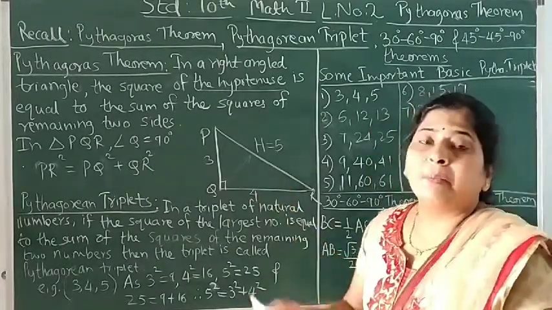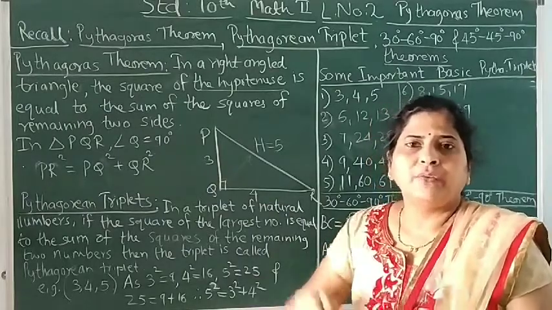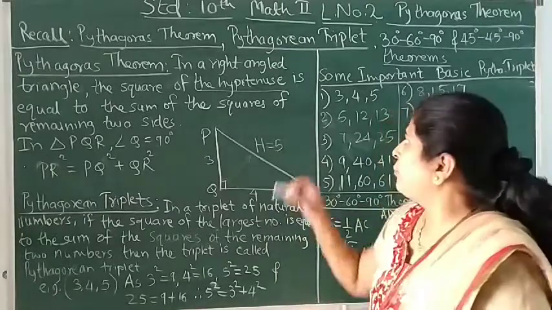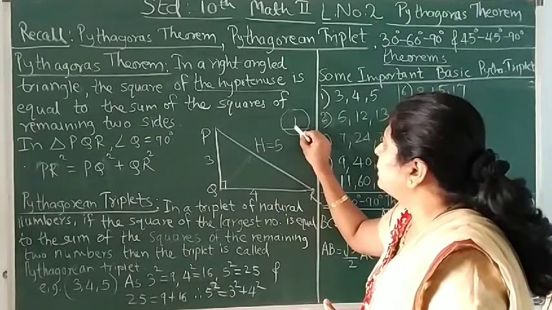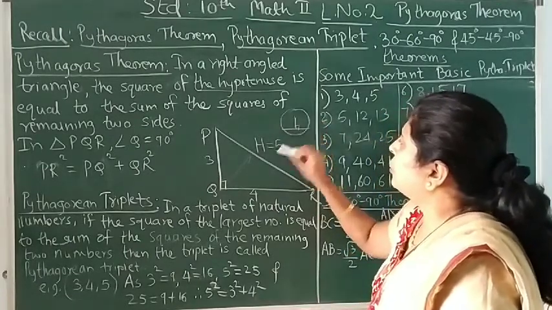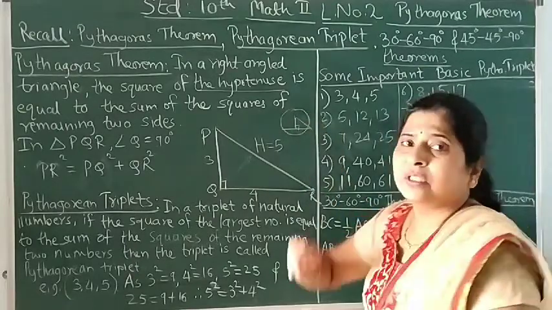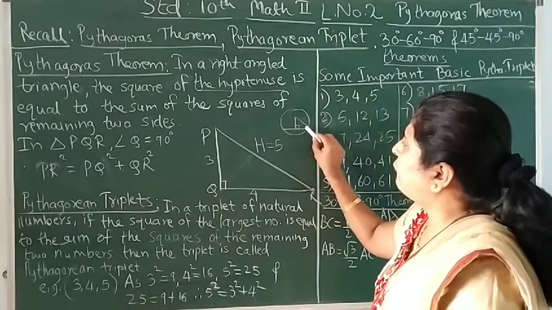For example, in the topic circle, we know that the perpendicular drawn from the center of the circle on a chord bisects the chord. So here when we get a right angle triangle, we can use the triplet. If you know the length of the chord, you can find half of it.